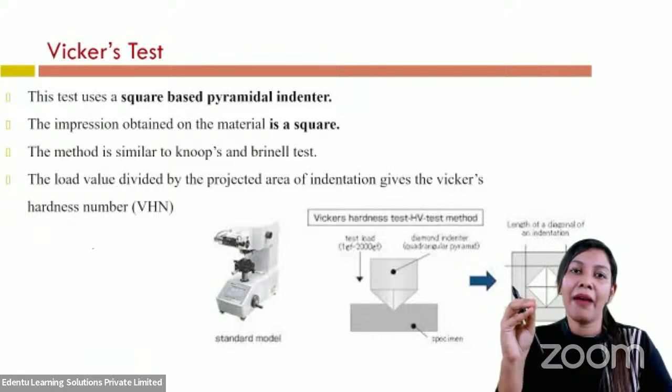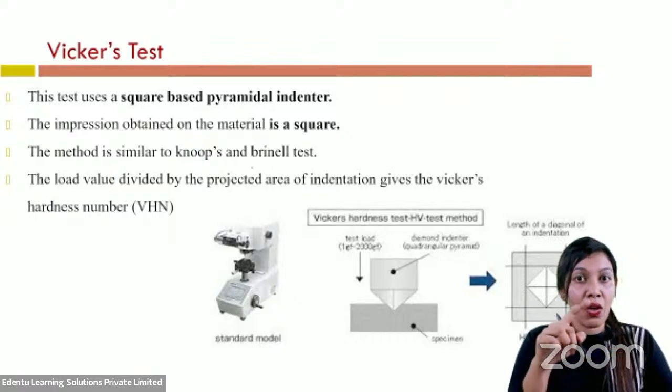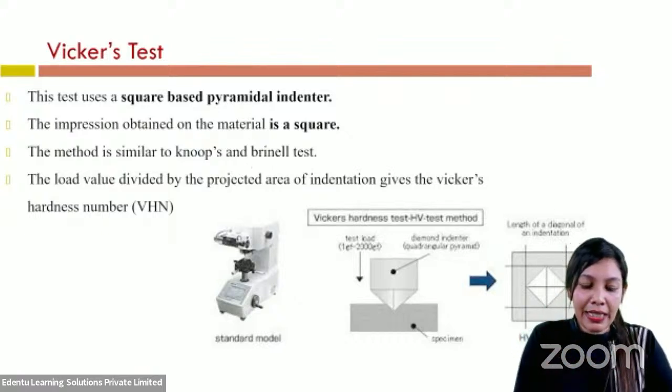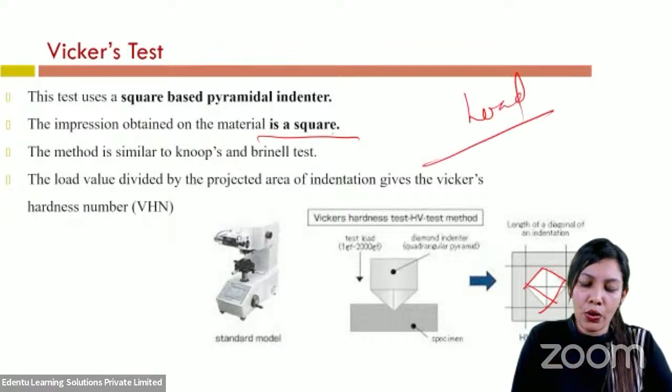Vickers test is like a micro hardness test. And in the earlier case, it was a conical diamond shape. Here it is a square shape. You can see it is almost a square shape, right? Another important thing is it is similar to the first Brinell test, where we calculate the load to that of the area of indentation.